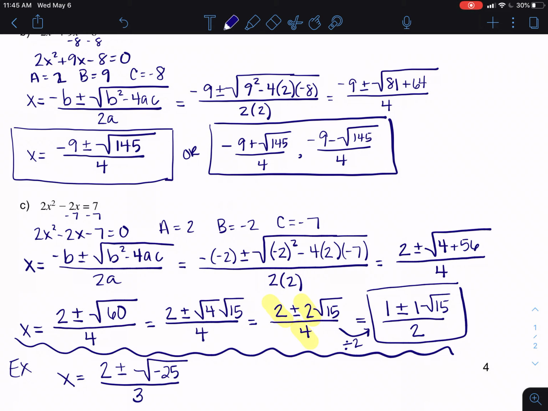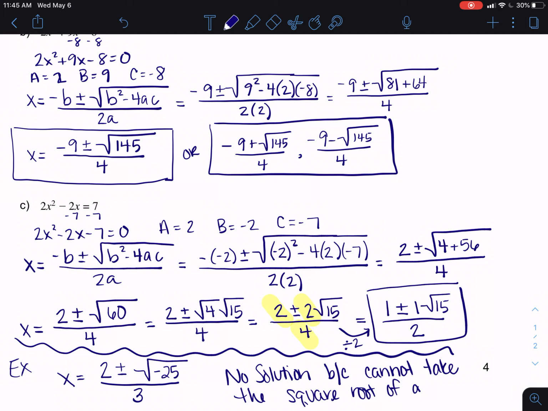Okay, remember we can't take the square root of a negative, so here we would actually get no solution. Because you cannot take the square root of a negative.